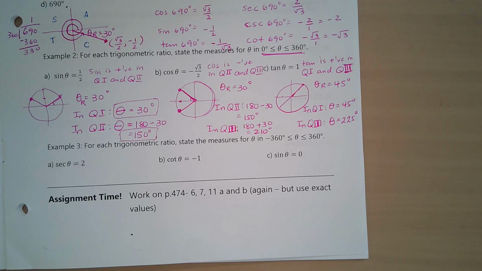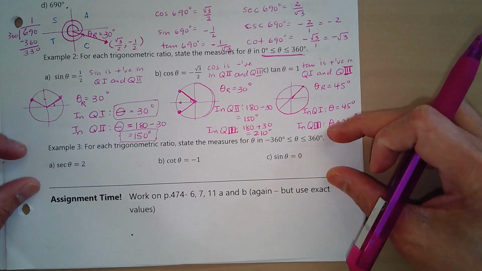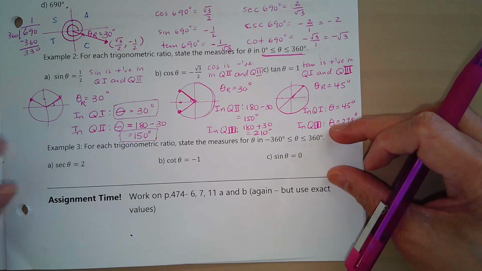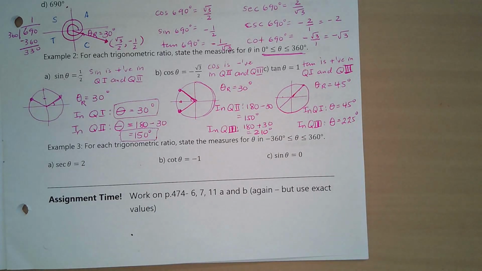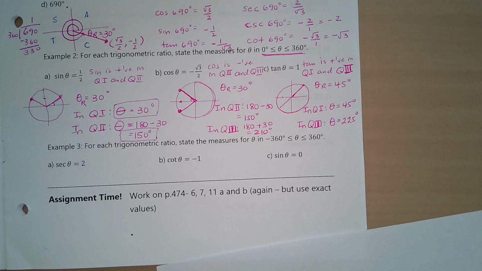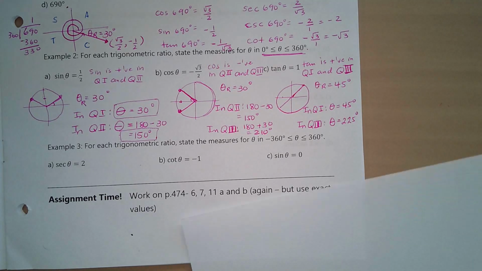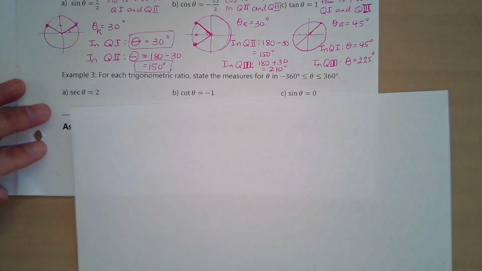Okay, that's awesome. We're going to finish off example number 3 right away, but I'm going to switch page here because I'm running out of space. Any questions before I go to example 3? Make sense to us? Okay, example 3.